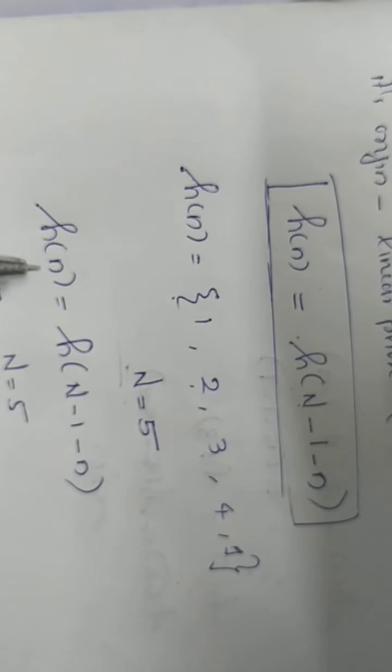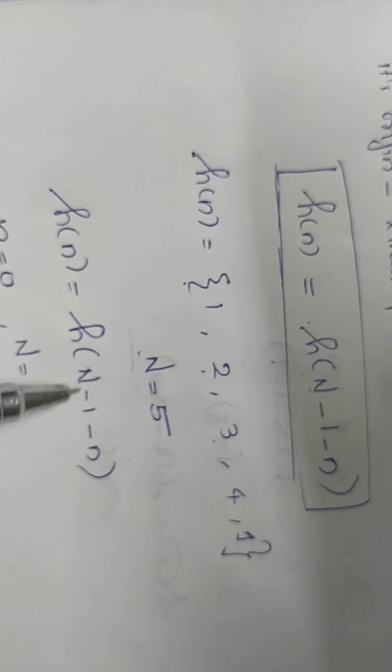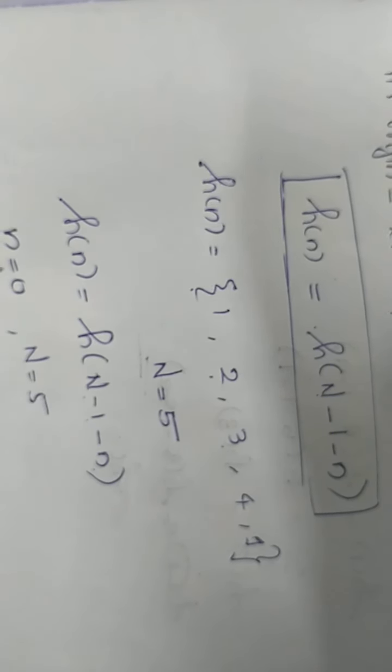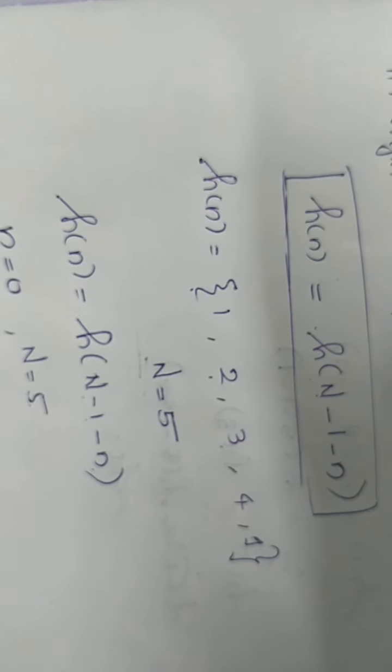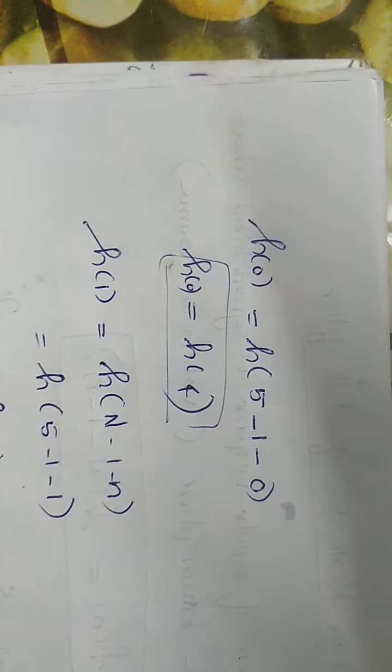Then according to this equation, h of n is equal to h of N minus 1 minus n. If n is equal to 0 and capital N is 5, then h of 0 will be equal to h of 5 minus 1 minus 0. That means h of 0 is equal to h of 4. H of 0 and h of 4 are symmetrical.